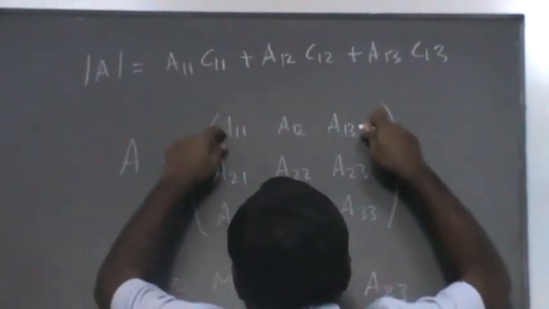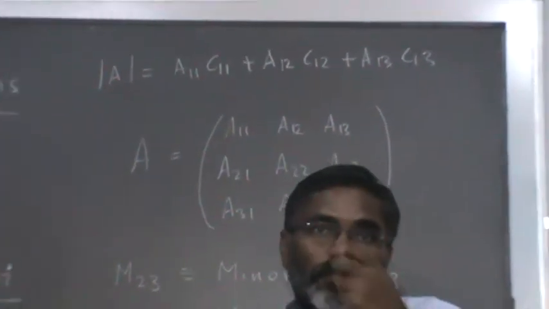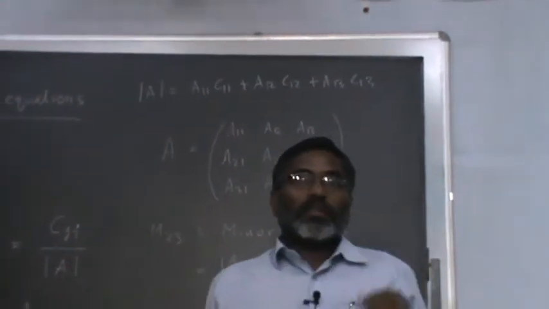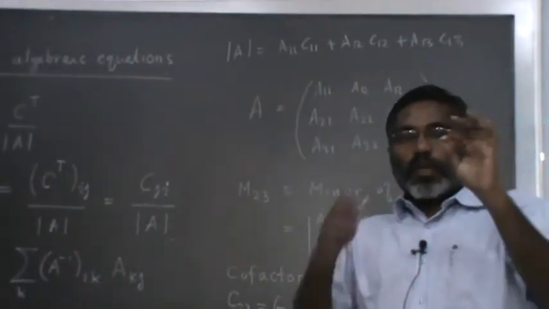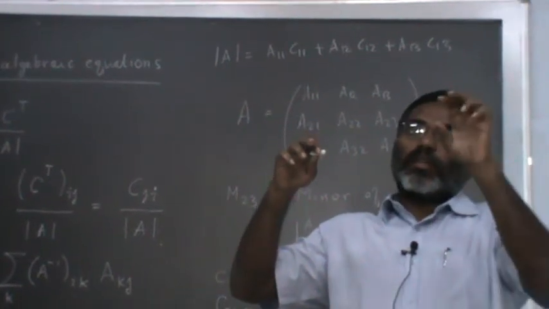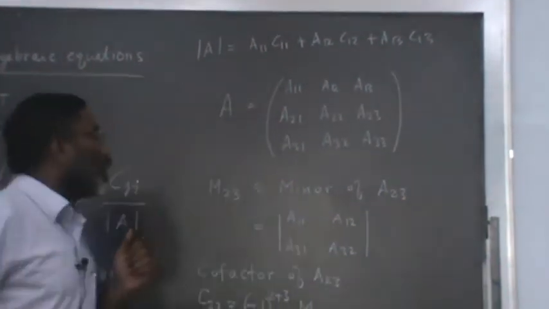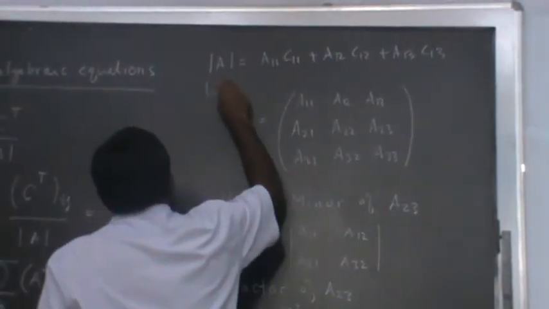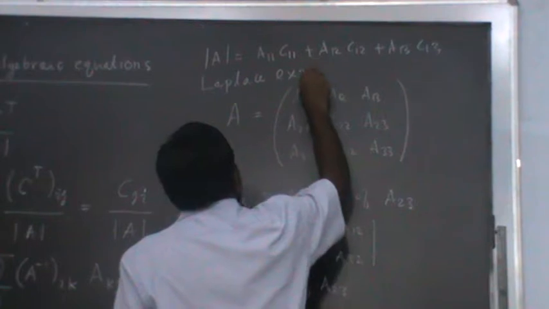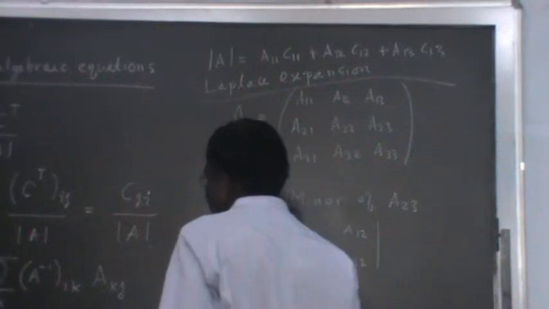If I take this row, the elements multiplied by the corresponding cofactors give the determinant. You can do that with any row or with any column. You take a row, find out the respective cofactors, multiply each element by its cofactor, and the sum of all such terms in that row gives you the determinant. This kind of thing is called Laplace expansion. Any row or column. This is called Laplace expansion.